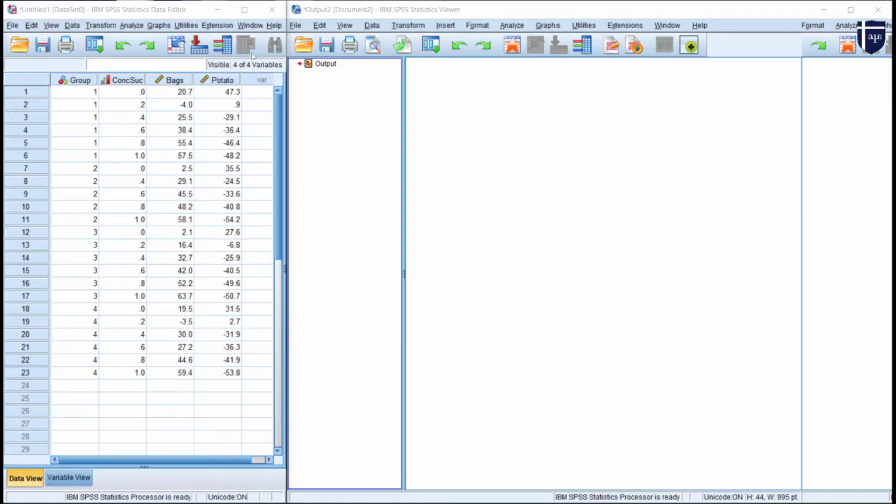So we want to know what the hypothesis is for, say, the bags. I think a simple one would be that the change in the weight of bags, or mass of bags, is significantly different between different concentrations of sucrose.